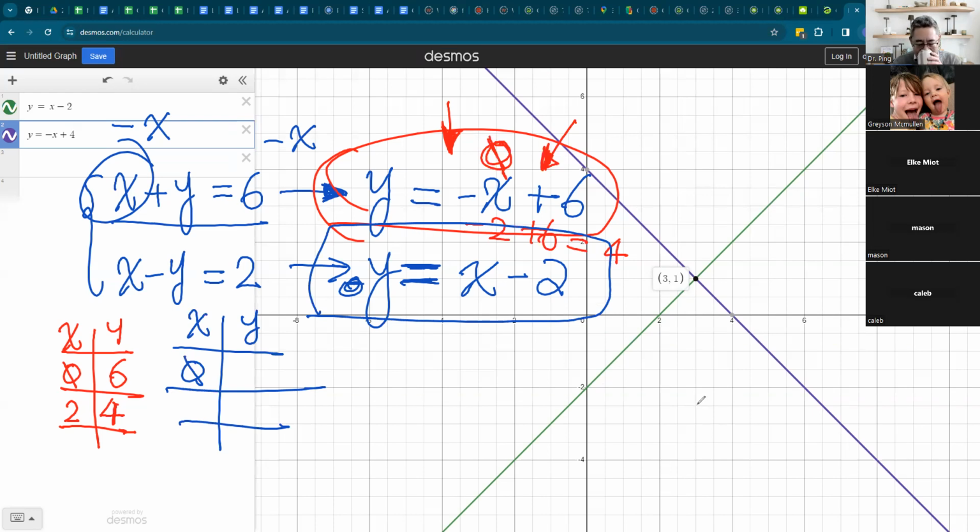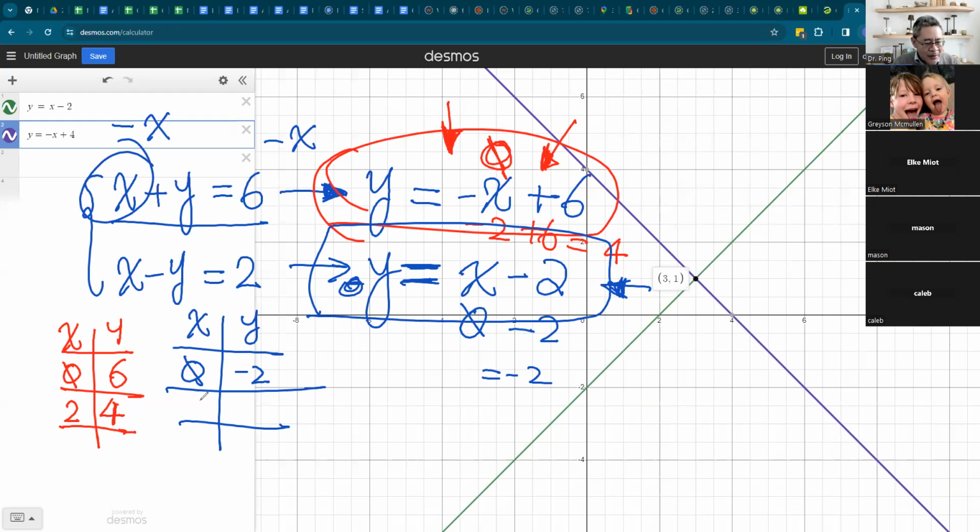Good job, Roger. We're looking at the second equation, okay? Good job, Caleb. We're looking at this second equation, not the top one. So when x is 0, then 0 minus 2 just gives us negative 2.